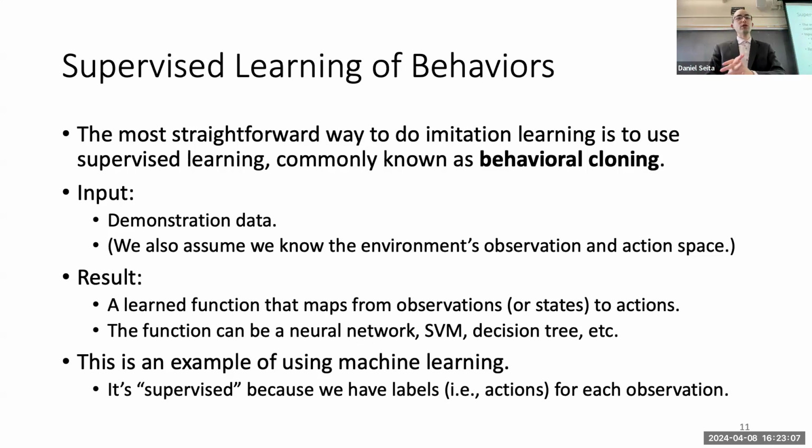The easiest analogy is a computer vision task like image classification. You have an image, you have some function, and you produce a vector of probabilities for each of the image classes. In this case it's the same thing, except the output is not a probability for a class. The output is going to be the action itself.